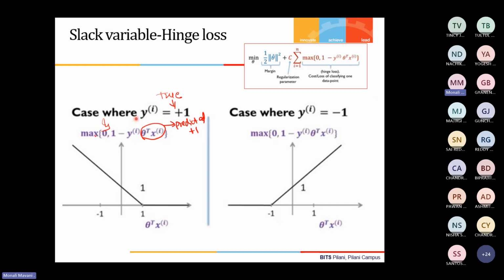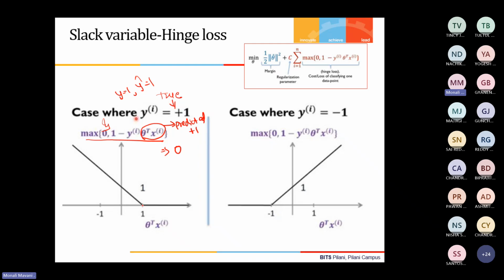If that is the case, what will this equation reduce to? Both y equal to 1 and y hat equal to 1, where y hat is theta transpose x. It will be 1 minus 1, so max of 0 comma 0, so it's 0.